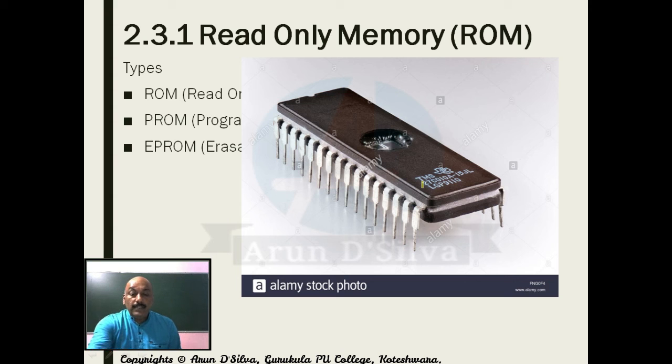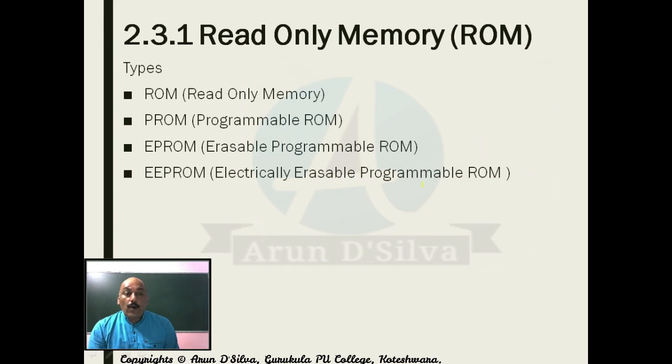The one more is there, EEPROM. That means electrically erasable programmable ROM. Same as EPROM, but here they are not using ultraviolet to erase the content of the ROM, and this is a type of flash memory.